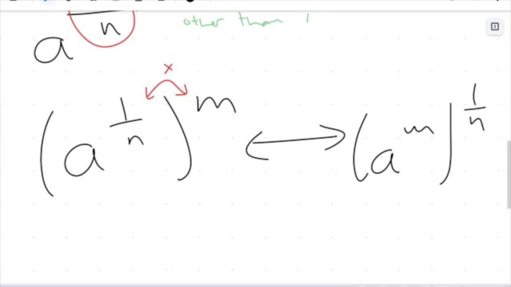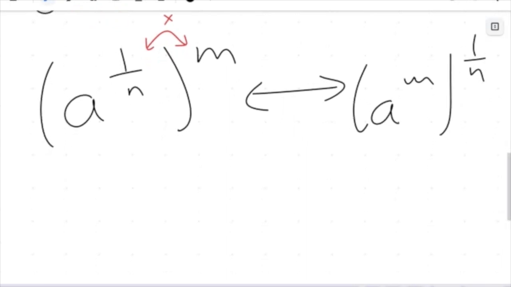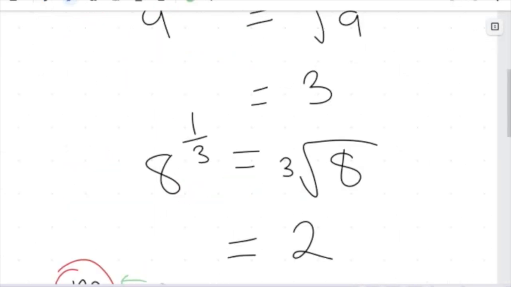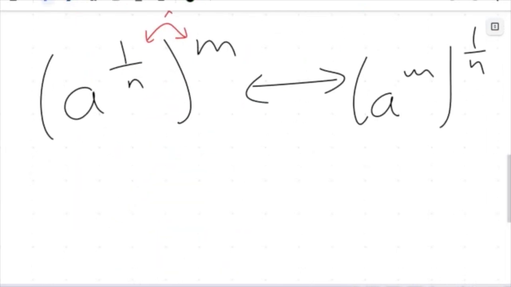Now, what that means is that I have a way I can express this. I can write my guy on the left here, a to the power of 1 over n. From our relationship before, we know that I can write this as the nth root of a to the power of m.